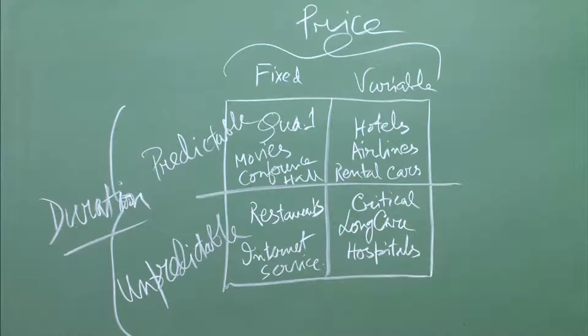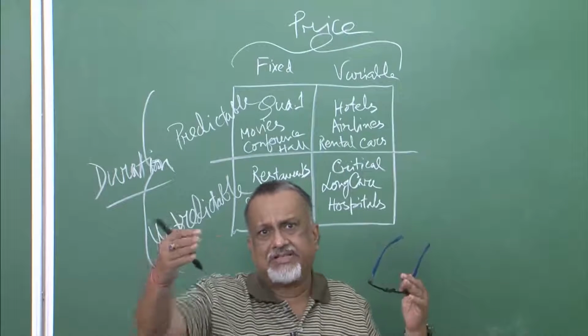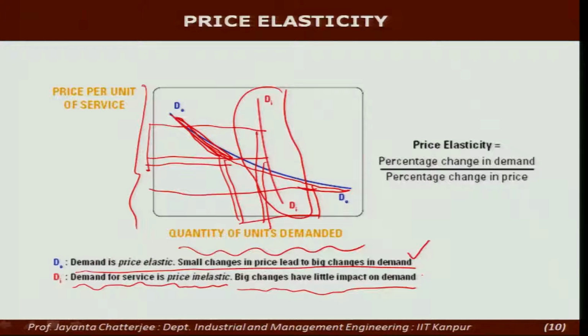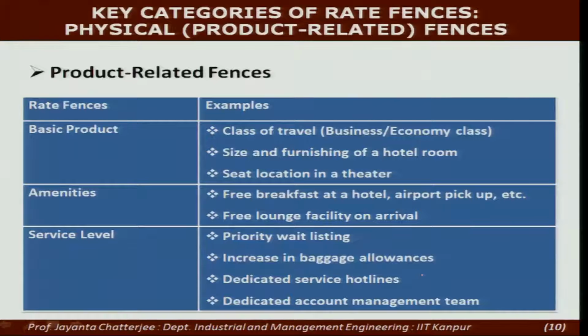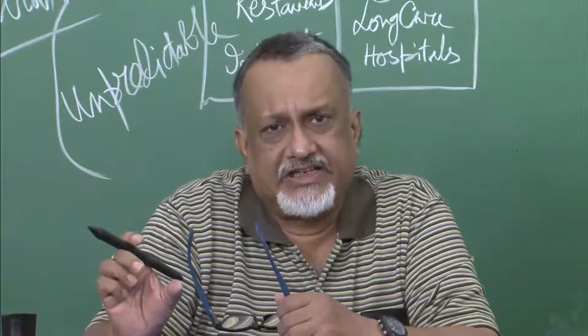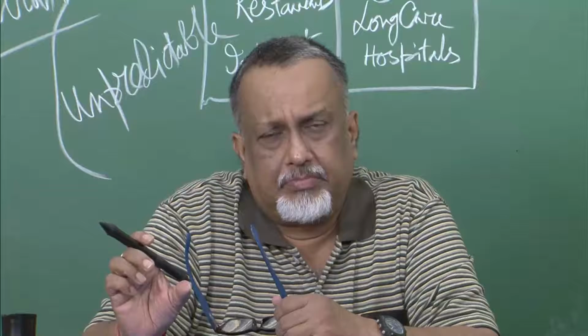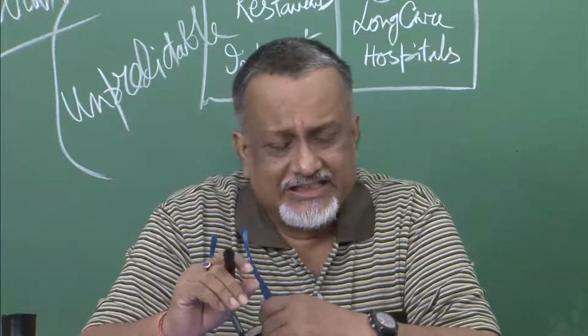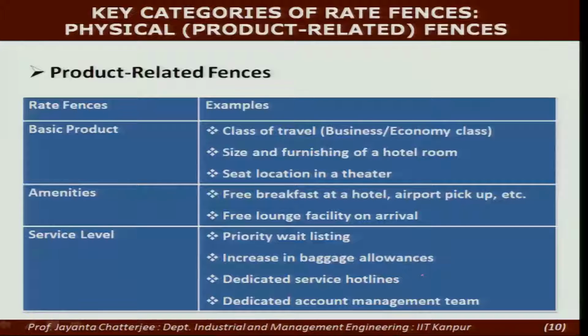Interestingly, we find that in this kind of services, with variable price for predictable duration, like a Bombay Goa flight, there are different types of demands, and therefore different types of what we call rate fencing. That means creating different buckets at different prices becomes quite feasible. Now, these rate fences can be product related.